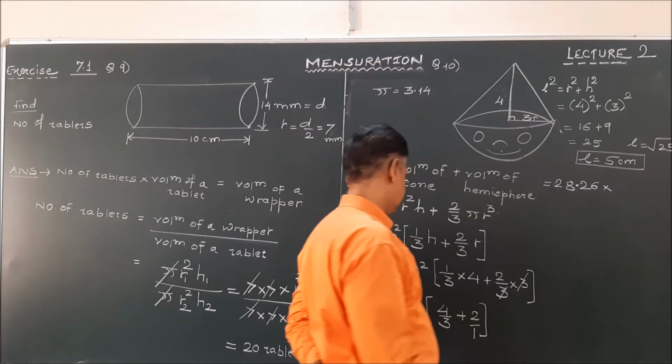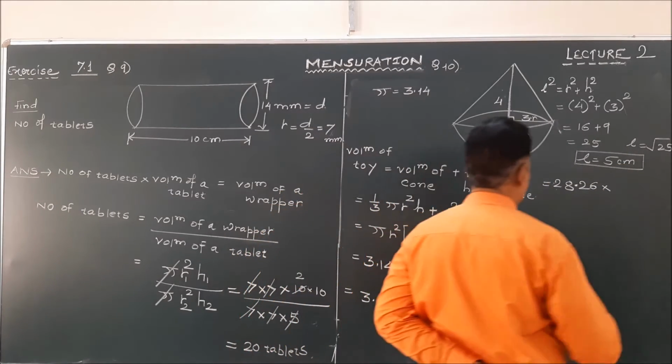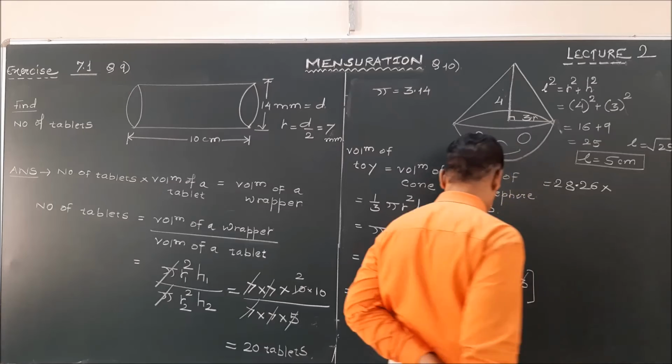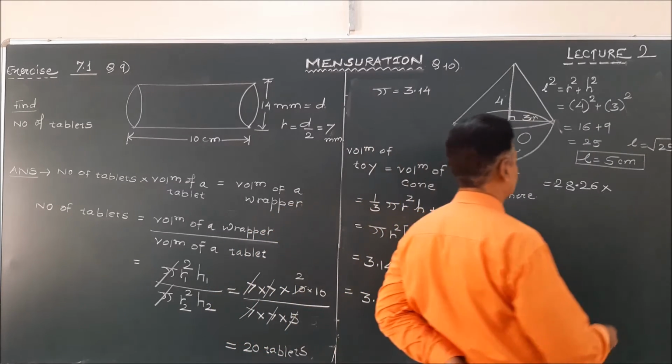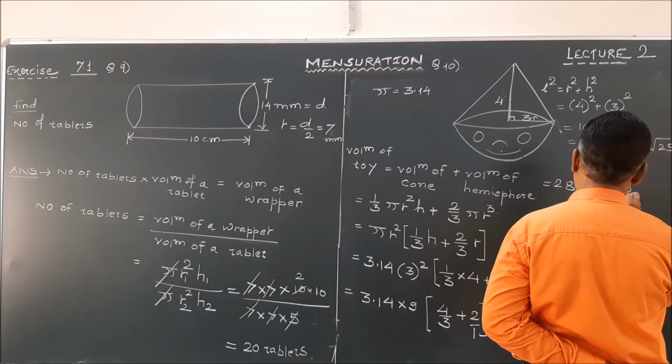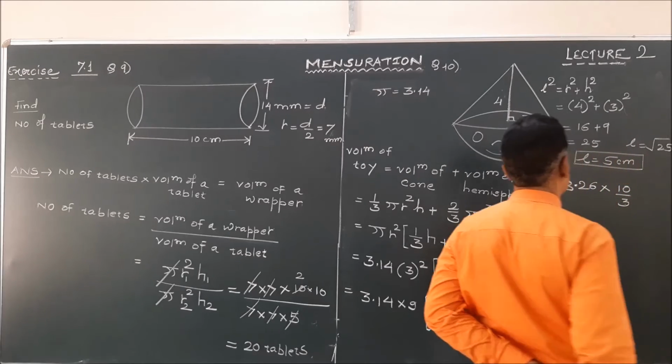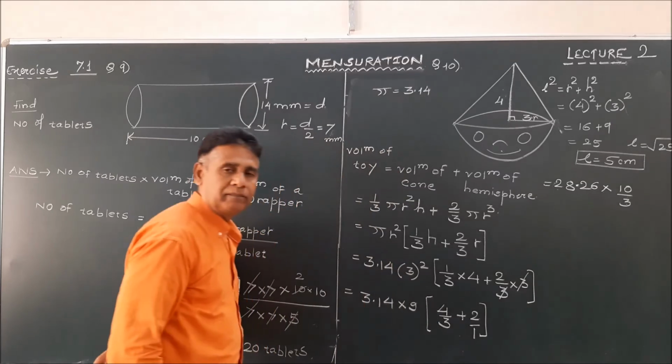Multiply by 4 ones are 4 plus 6, 10 upon 3.